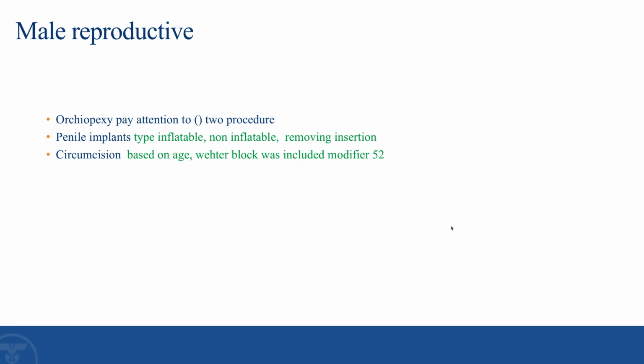Modifier 59 if it's separate procedure. Okay. Remember, 53 is like if they were trying to look at, remember, if they're not able to reach the cecum or the small bowel, then you would use 53. All right. I see you guys caught yourselves there. Don't get confused with 53 and 59.